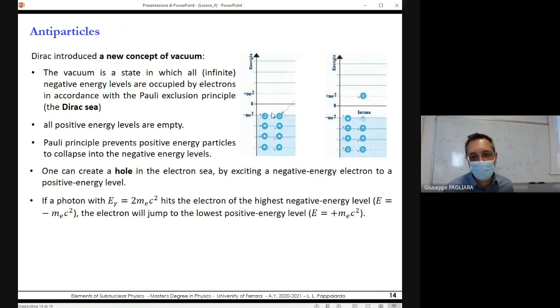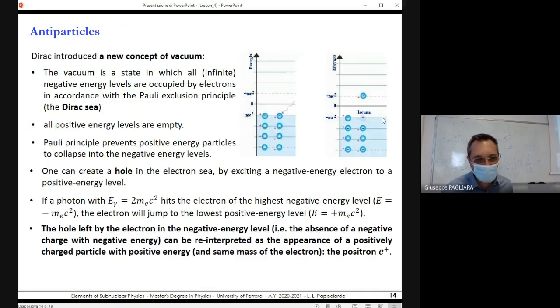But now what do we have here? We have a hole in the Dirac sea. So the hole left by the electron in the negative energy level, or in other words, the absence of a negative charge with negative energy, can be reinterpreted as the appearance of a positively charged particle with a positive energy and the same mass as the electron.